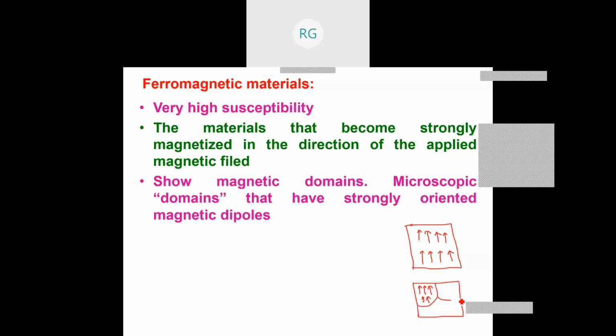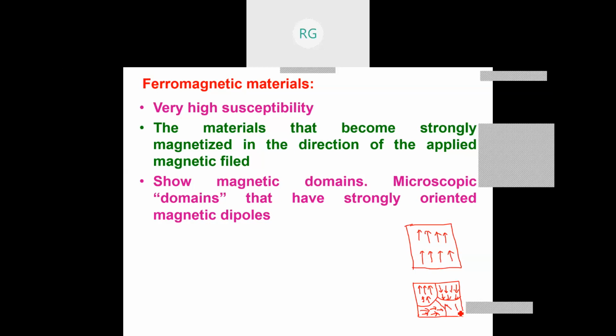If you go to the next region within the material, again they are oriented parallel and in the same direction, but their alignment of the dipole moment is different from the previous region. And if I go to another region, something like this, the magnetic dipoles are in this direction, but within that region they are aligned in the same direction, and they also have the same magnitude. If I go somewhere here, they may be something like this.